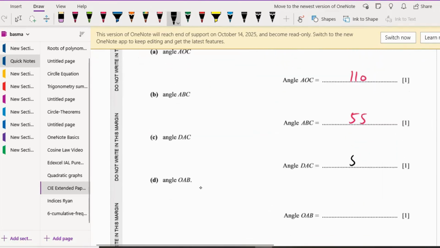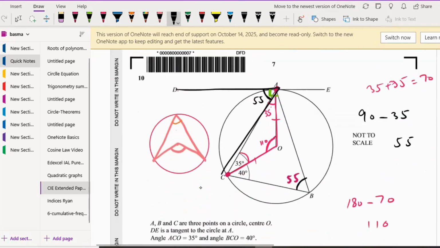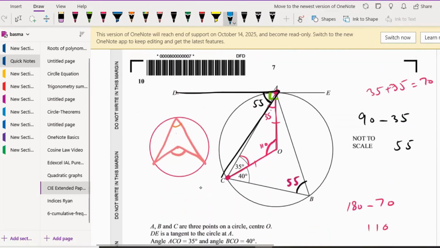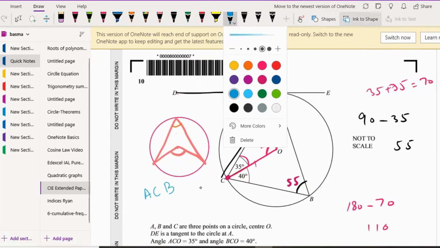Now angle OAB, O to A to B. Let's see, where is OAB? O to A to B, right? So this is the angle. We have to now find the blue one. We know that if you focus on the triangle ACB, let me highlight it.